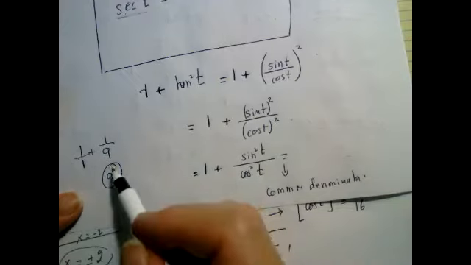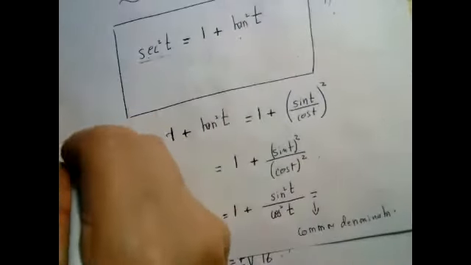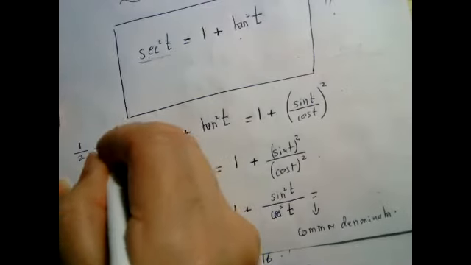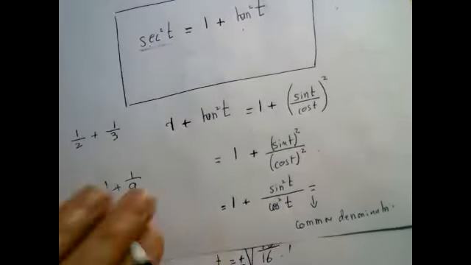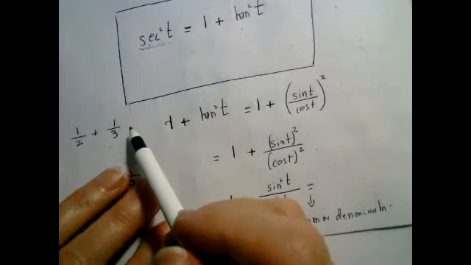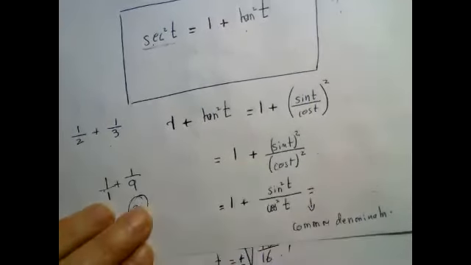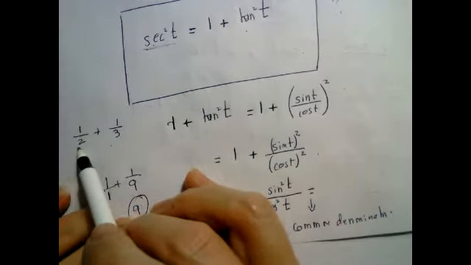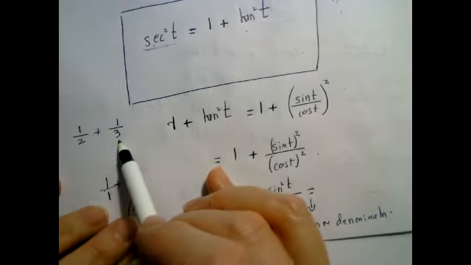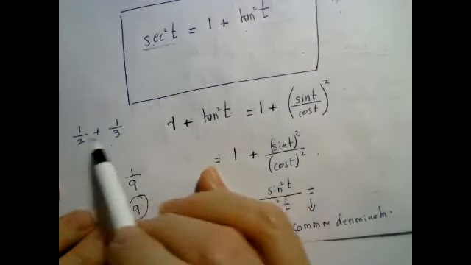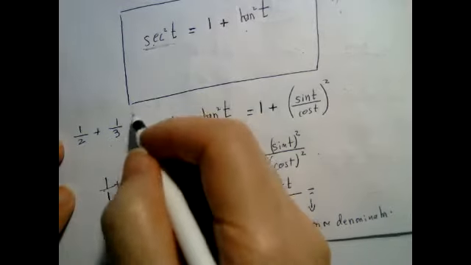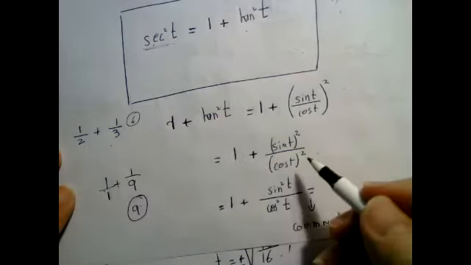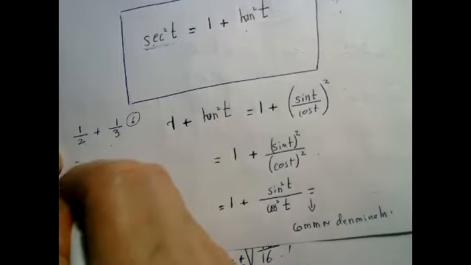Why 10? Okay, let me take something simpler. If you have a half plus a third, what's the common denominator here? How do you remember how you do it? It means what is this number that is a multiple of 2 and a multiple of 3? 6. So if you want to find a common denominator, you have to multiply this by 3.